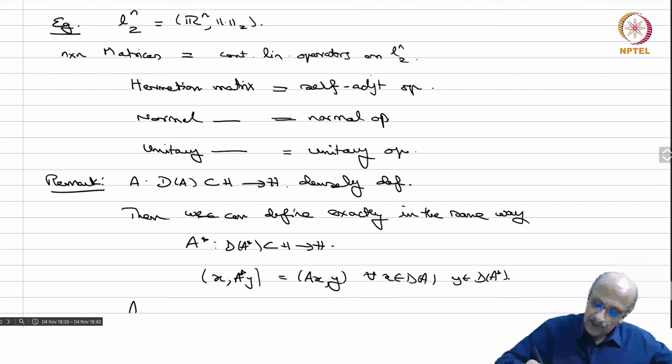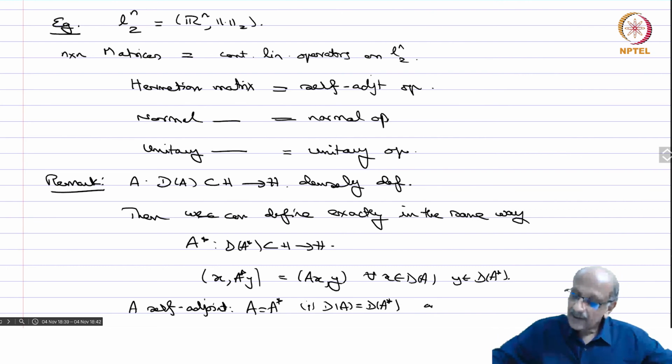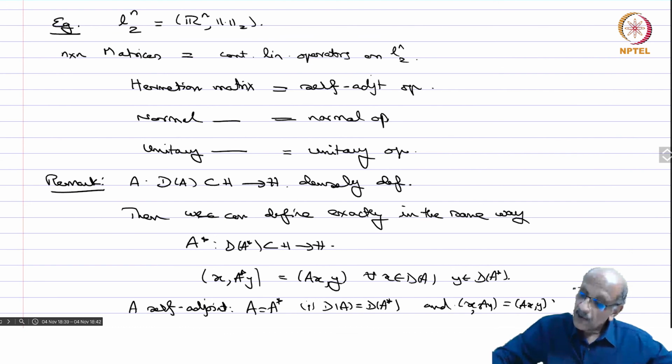So if you want A to be self-adjoint, that means A equals A star. This means you have to prove two things. One, domain of A equals domain of A star, and A equals A star, that means x, Ay equals Ax, y for all x, y in domain of A. That is what is called a symmetric operator.